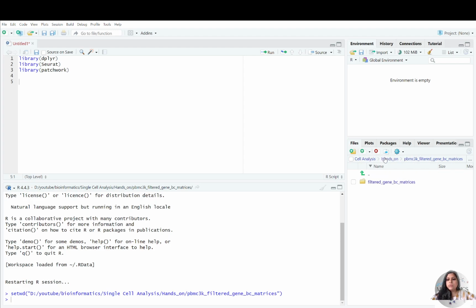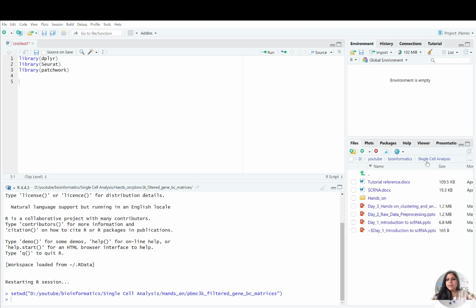Okay. So the structure is like this: I have kept it under the hands-on folder, but you will be having PBMC 3K filtered gene BC matrices. So you have gene data, you have BC, that's barcode, and then you have got the matrix counts.